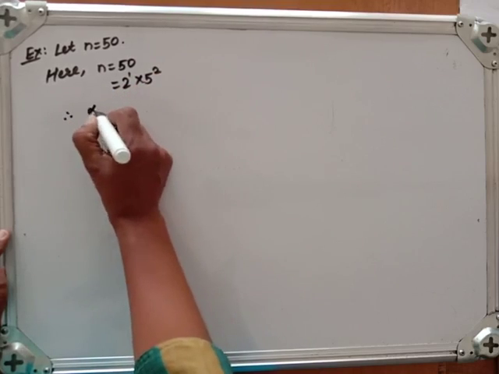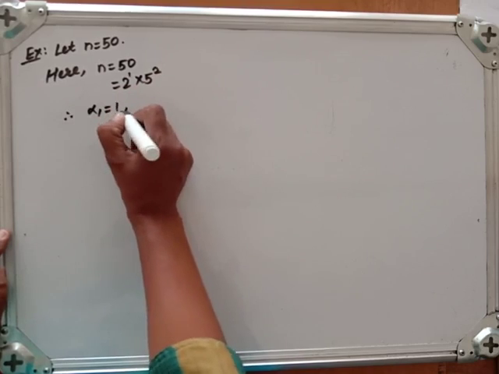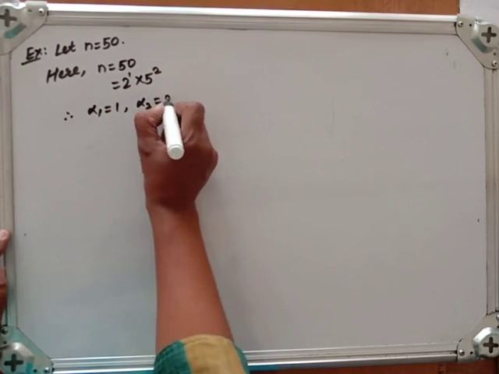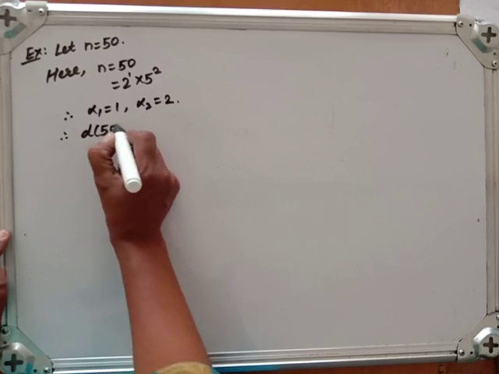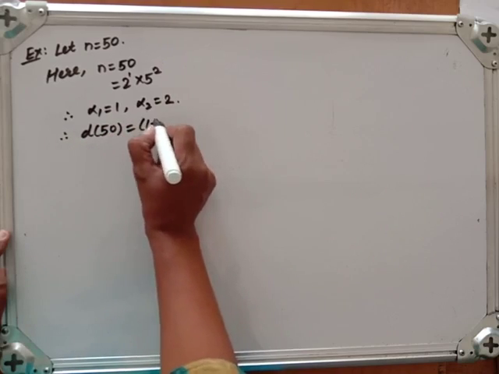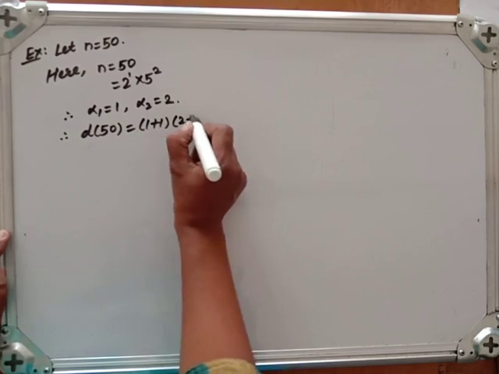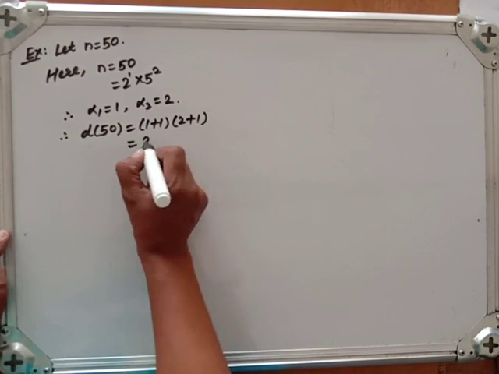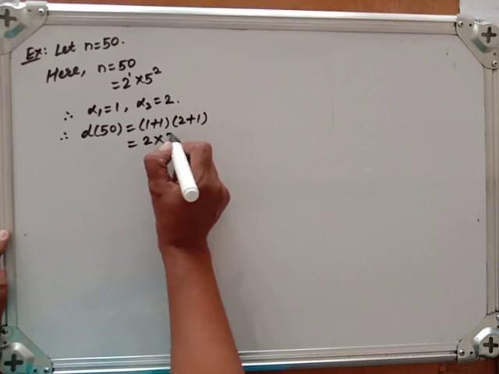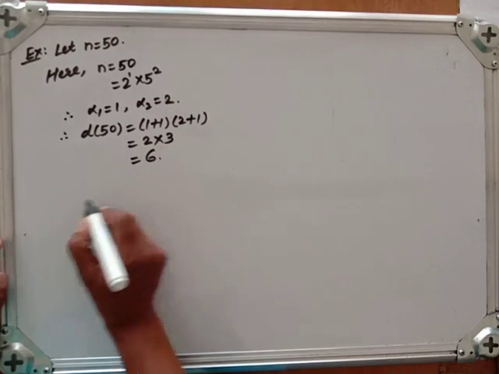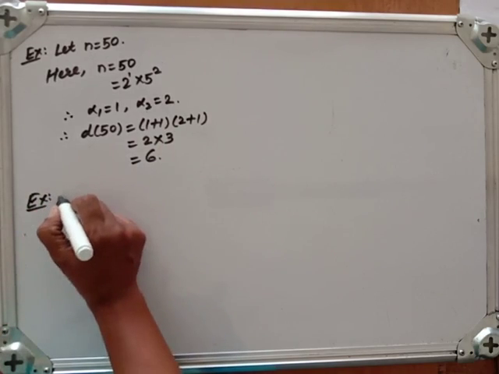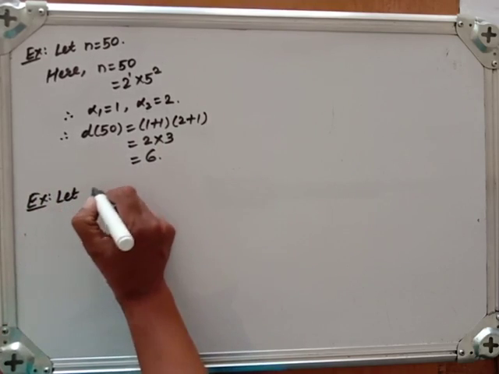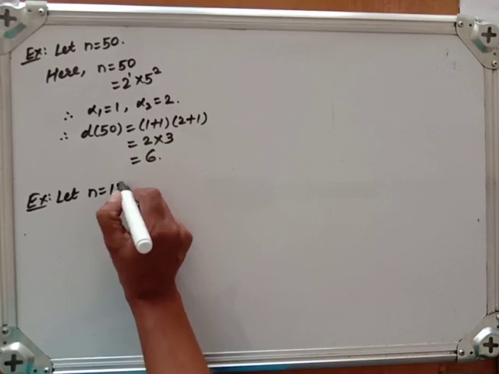Therefore alpha 1 is equal to 1 and alpha 2 is equal to 2. Therefore d of 50 is 1 plus 1 into 2 plus 1. So it will be 2 into 3, that is 6.